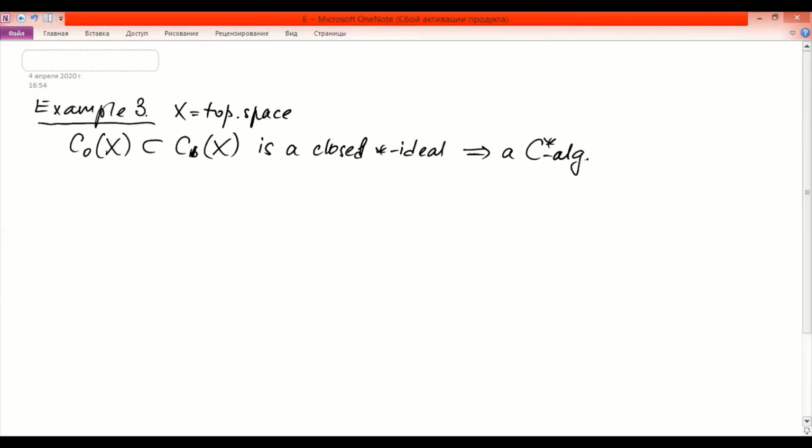By the way, this C-star algebra is typically non-unital. So a special case is little c0. So little c0 is the algebra of sequences vanishing at infinity. So this is big C0 of N.